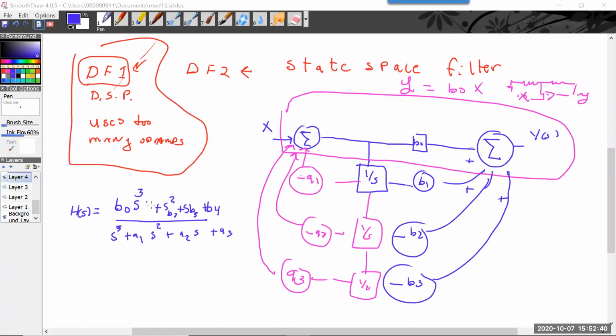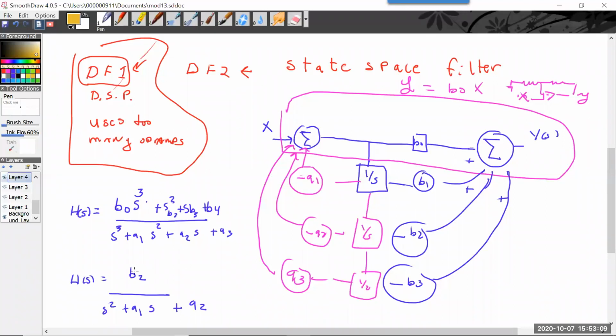So this would be if every term is here. But in the previous example, we really just had H of S equals B2 S squared over S squared plus A1 S plus A2. So this is the generic thing.